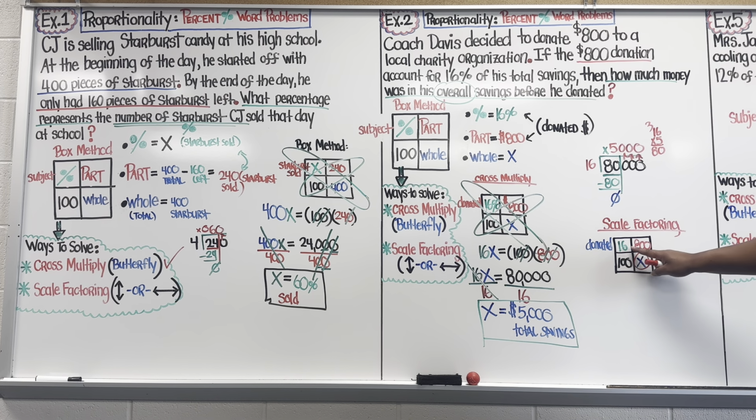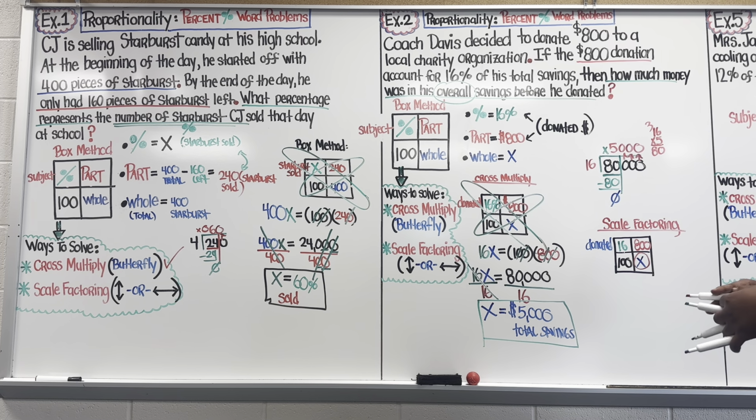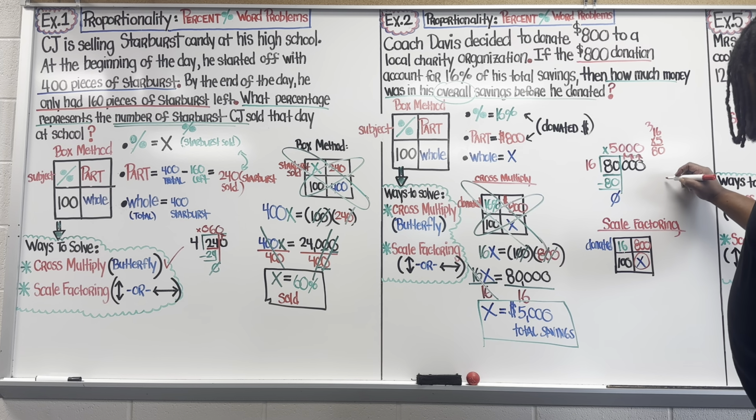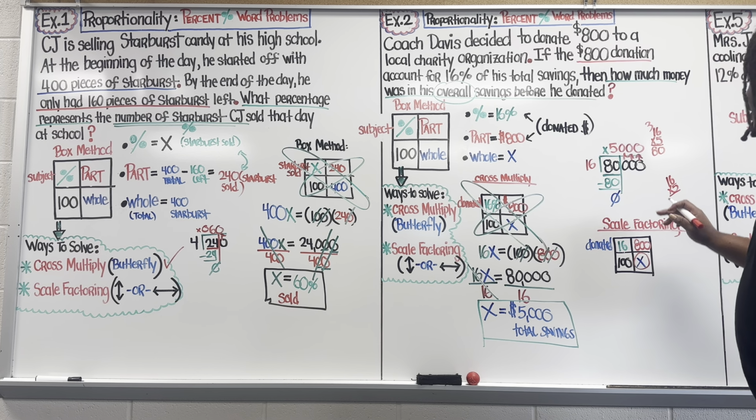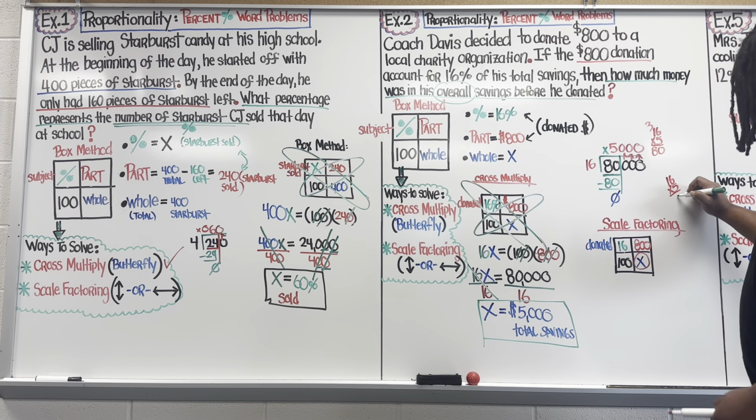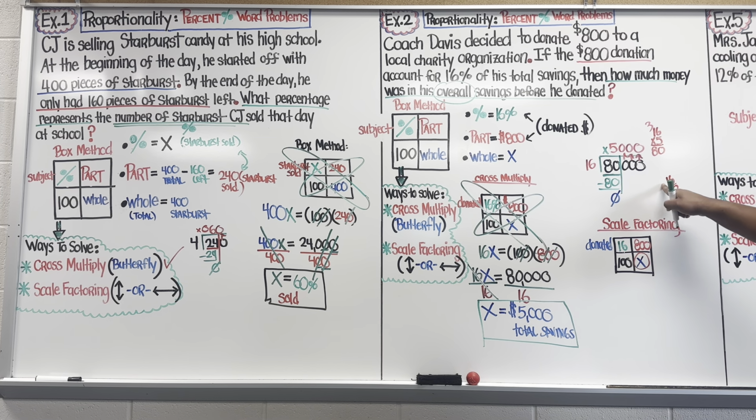So I'm looking at the scale factor. So let's look at the top row. I know that I can scale factor 16 to 800. I do know for a fact, guys, that 16 times 5 is 80. So if 16 times 5 is 80, then it's safe to say that 16 times 50 is 800, right?